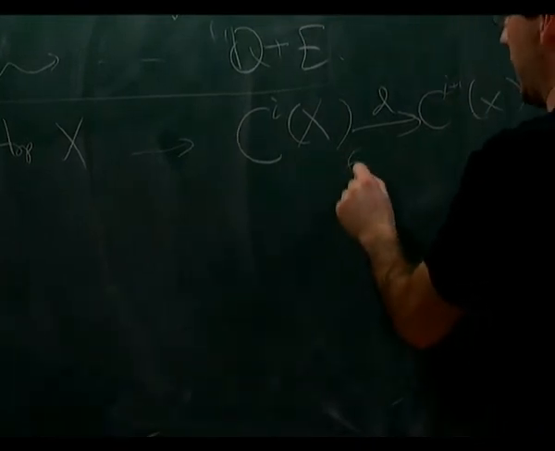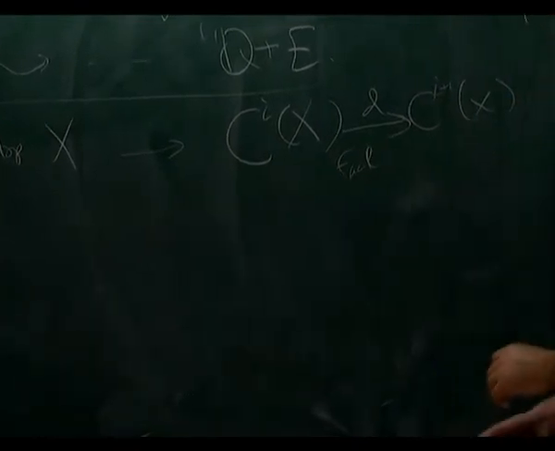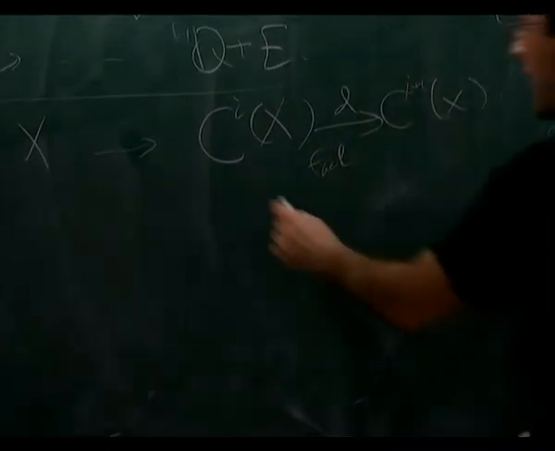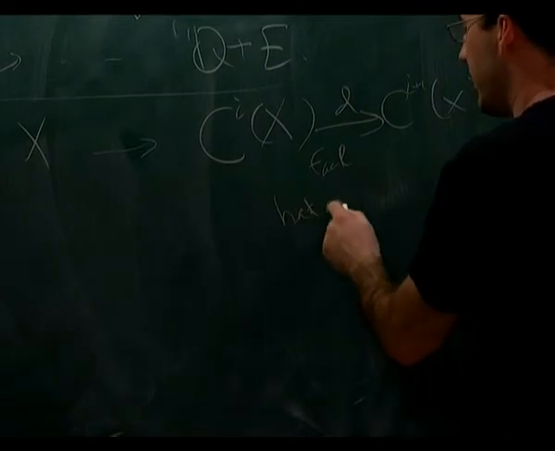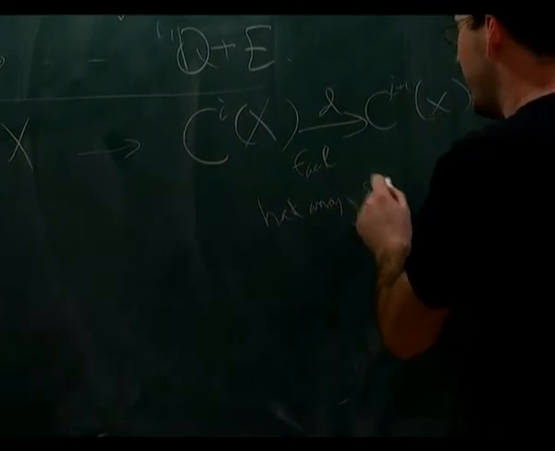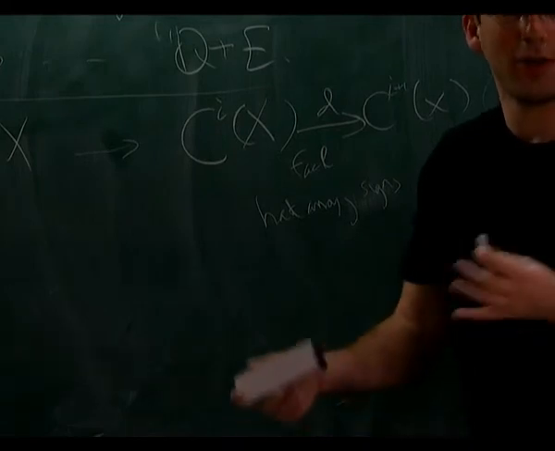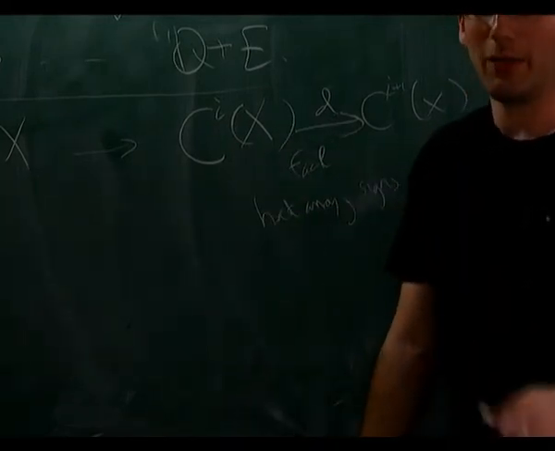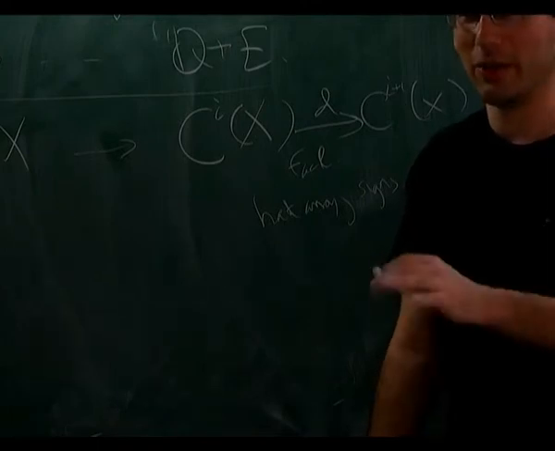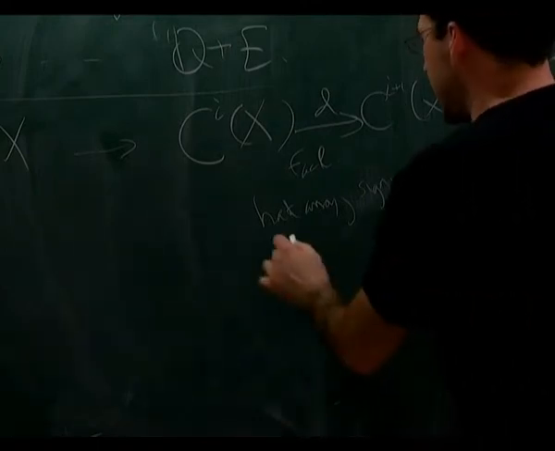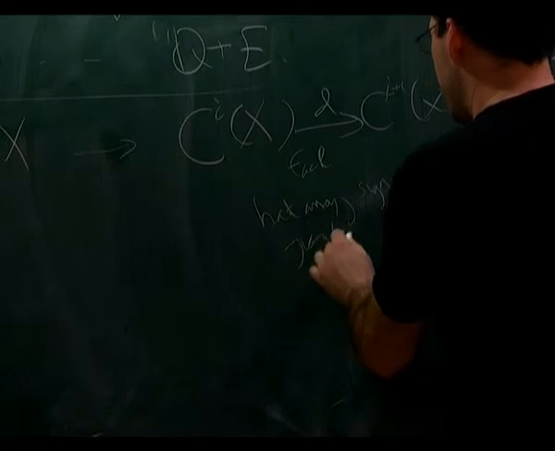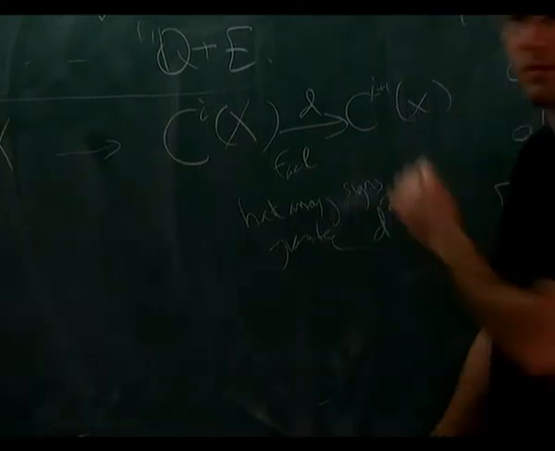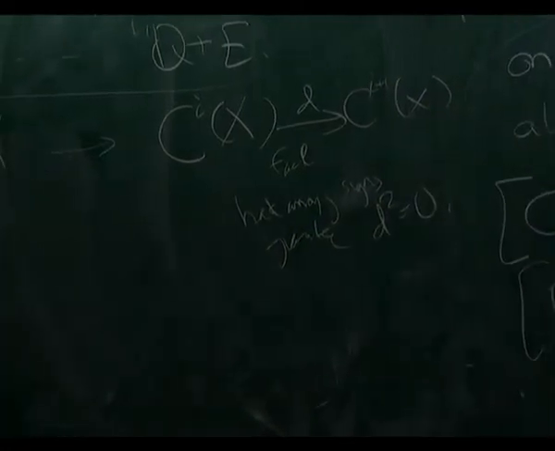This is the face map. And these face maps had annoying signs. This is why we use simplices. They're oriented and so forth, so we could put signs on things so that everything works. And we all remember when we were grad students learning this and how annoying it was. But these signs guarantee d squared is 0. That's why they're there. Okay?